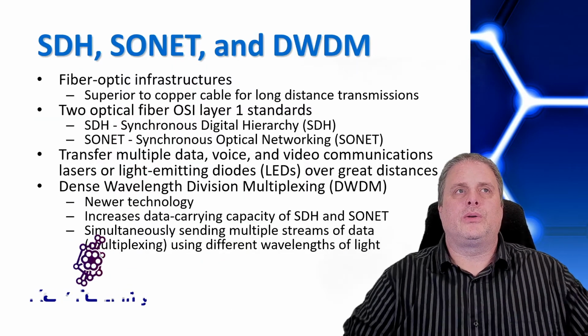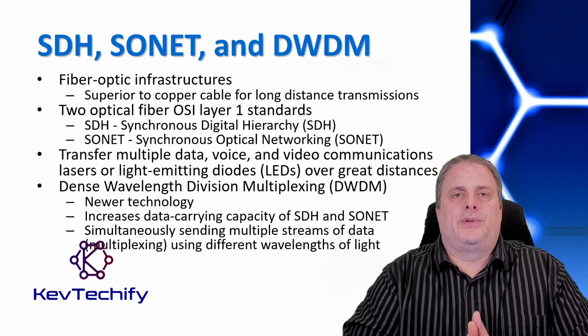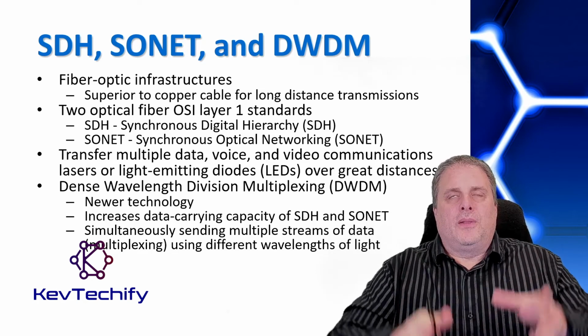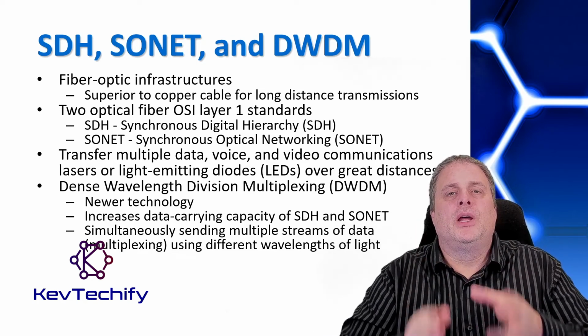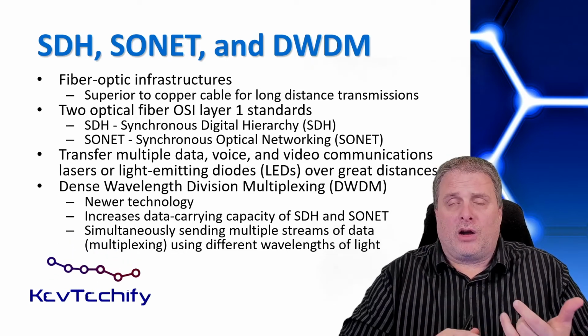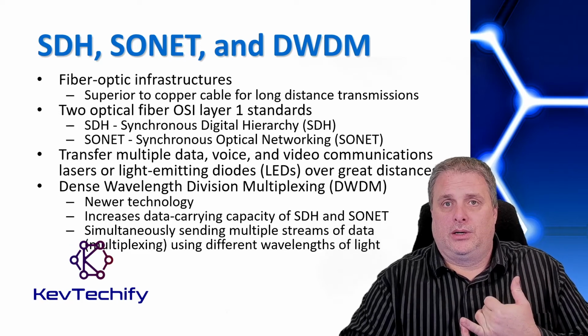As we talk about WAN and the technologies used, we need to spend a little time talking about fiber. Fiber is by far the best technology, the best medium to use over our wide area network connections. Fiber offers a lot higher speed than traditional copper.